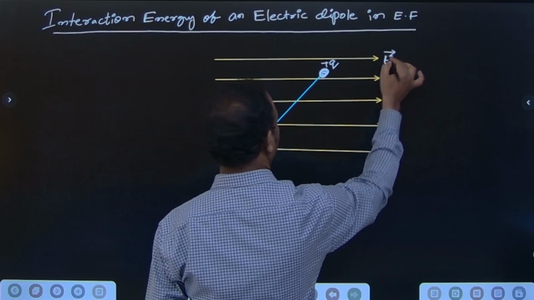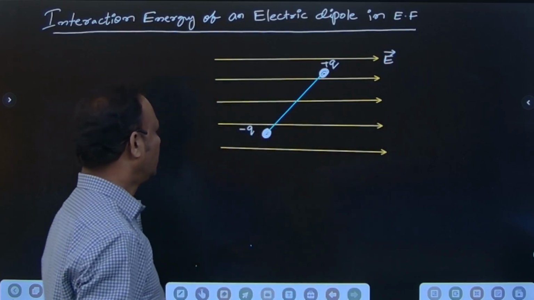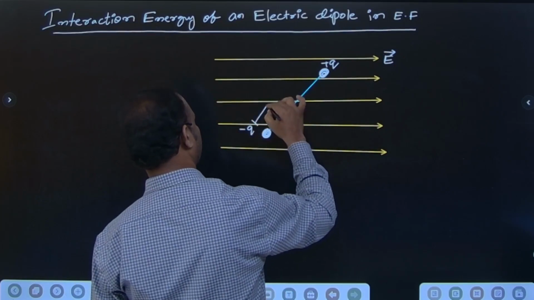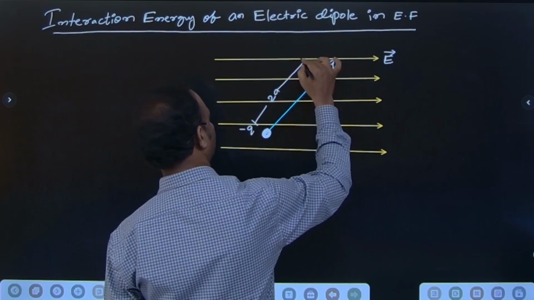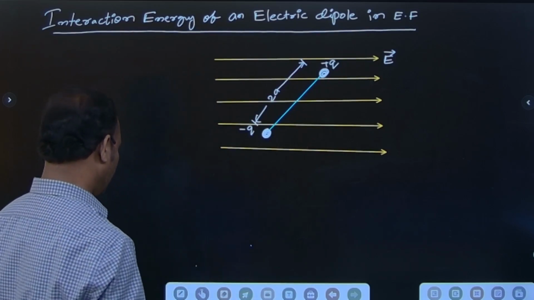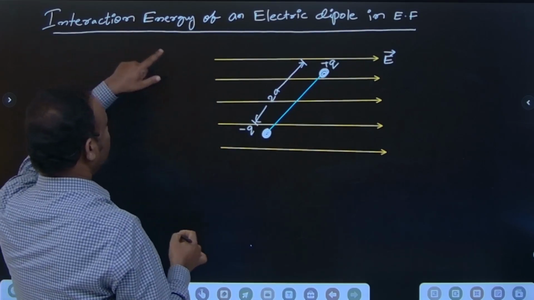The electric field is E bar. The distance between the charges is d, otherwise we can write it as 2a. So this is the interaction energy.